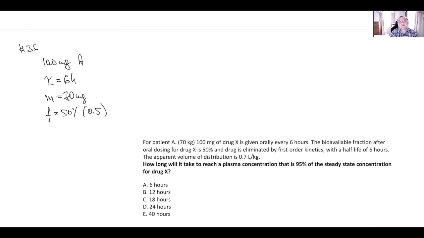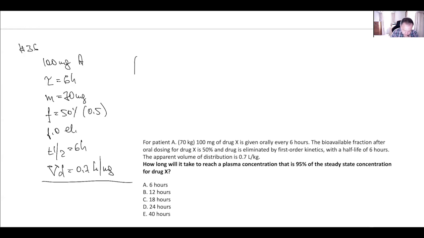The drug is eliminated by first order elimination. Half-life 6 hours. Volume of distribution 0.7 liters per kg. A lot of information. How long will it take approximately to reach 95% of steady state concentration?